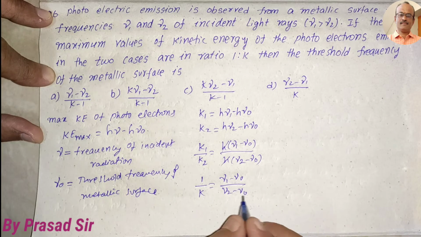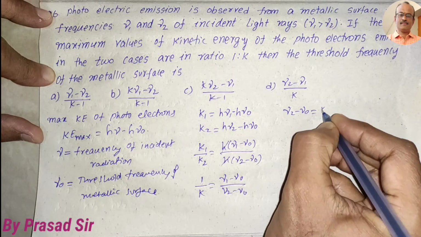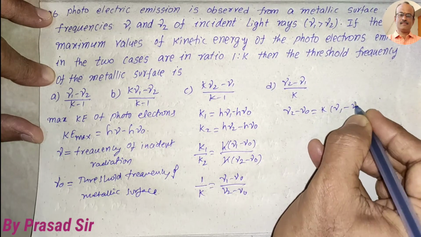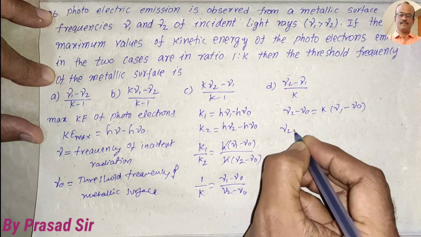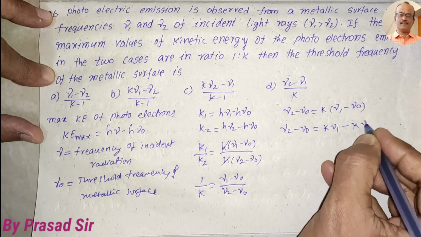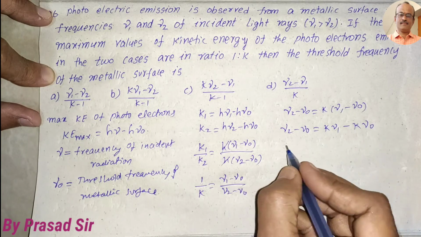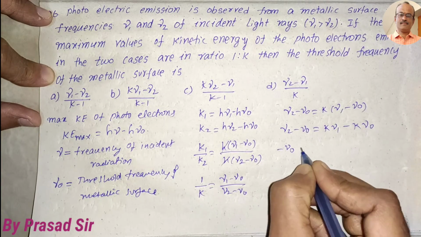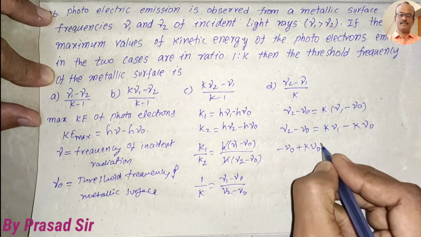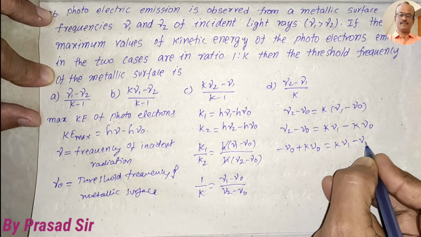On cross multiplication we get nu 2 minus nu naught is equal to K times (nu 1 minus nu naught). So nu 2 minus nu naught is equal to K nu 1 minus K nu naught. All nu naught on one side and the remaining on the other side. So minus nu naught plus K nu naught is equal to K nu 1 minus nu 2.